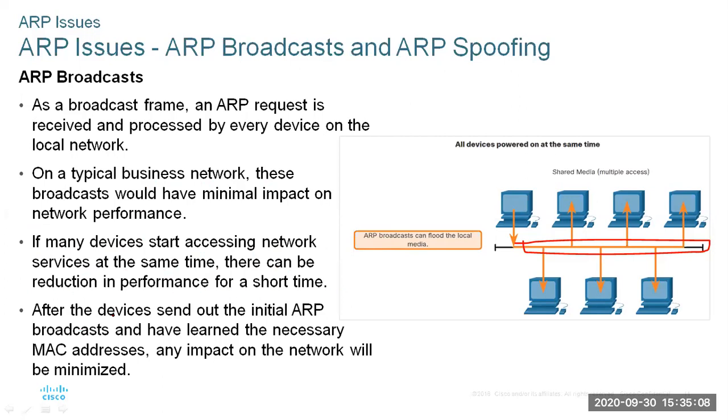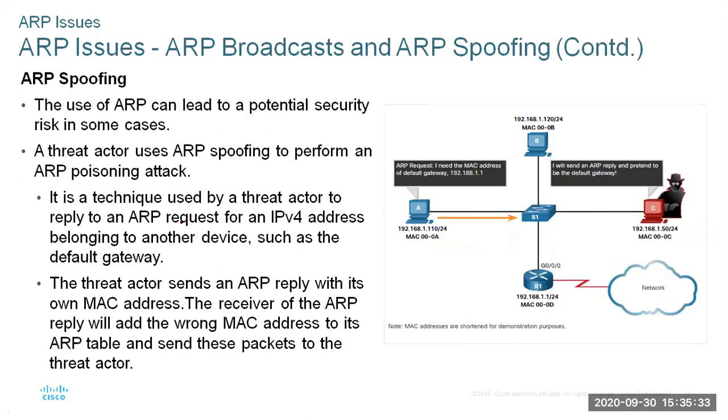After the devices send out their initial ARP broadcast and have learned the necessary MAC addresses, any impact on the network will be minimized. So it is important that we understand the impact.